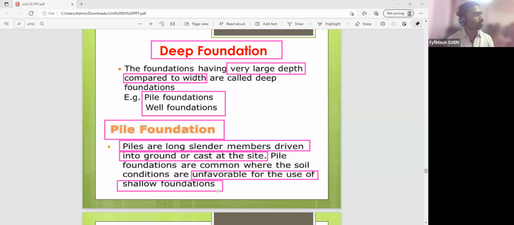When it is difficult to use the shallow foundation, in that case we go for the pile foundation. The soil conditions are unfavorable, meaning the SBC of the soil, safe bearing capacity, is very low. The capacity of the soil is very less. In that case, we go for the pile foundation.